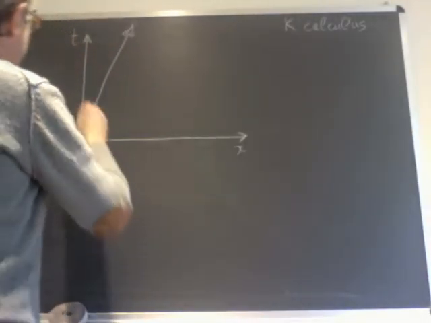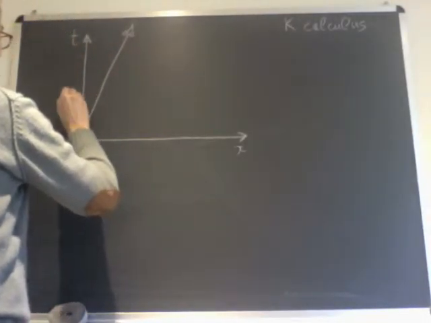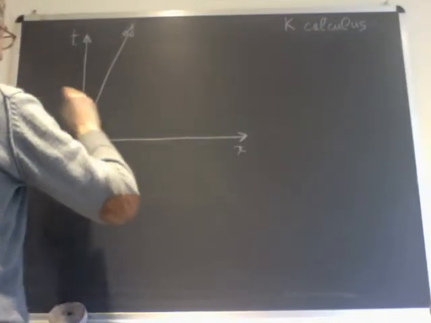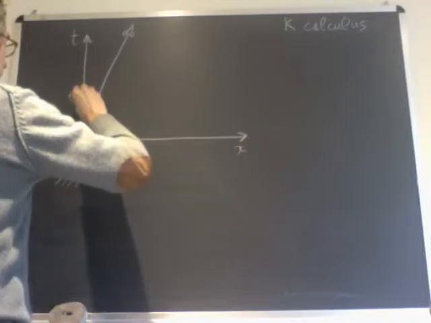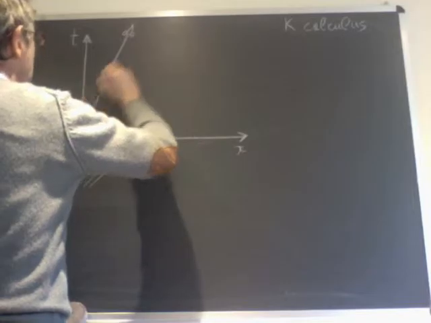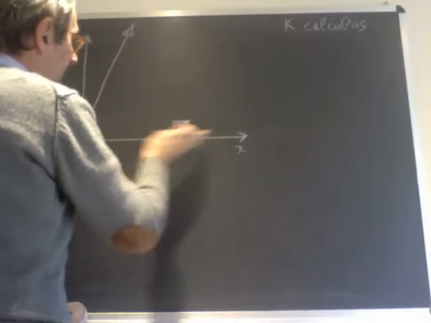Suppose that at a certain instant of time, terrestrial time t1, a beam of light is sent from the Earth towards the rocket in the x direction.